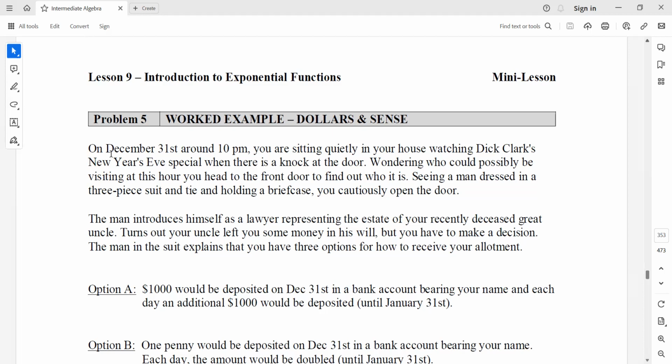It was a man dressed in a three-piece suit and tie. Wow. And holding a briefcase. And you cautiously open the door. Now, this man says he's a lawyer for your deceased great uncle. Your uncle left you some money, and it comes with three options.